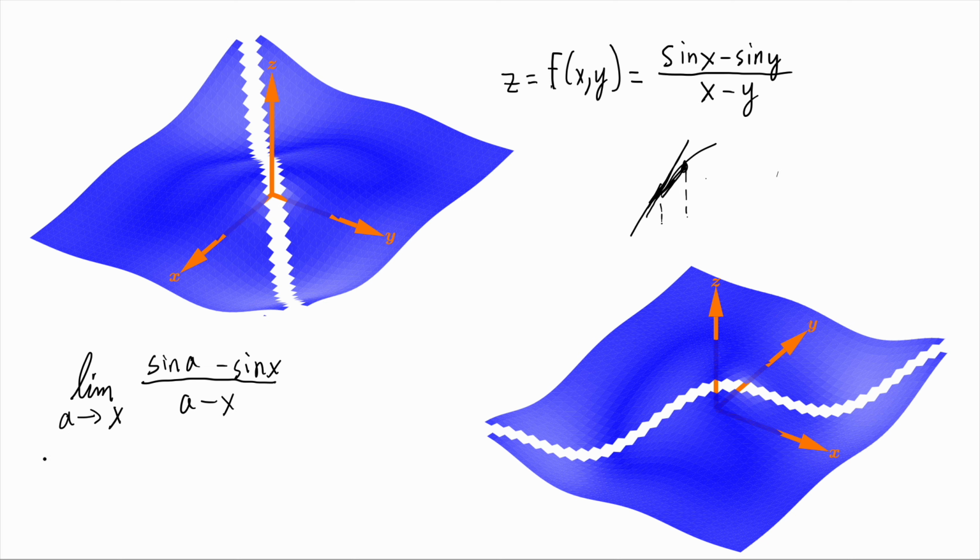This is like saying I have the point a comma x in the xy plane getting close to x comma x, where the x stays the same, constant the whole time. The second coordinate stays absolutely the same, and the first coordinate changes, and we're heading in toward that point.